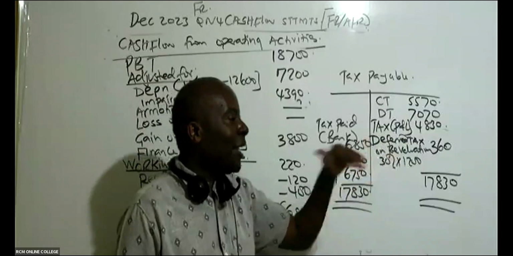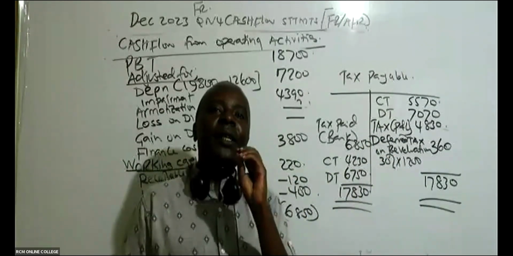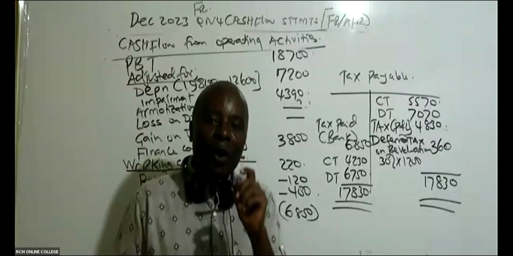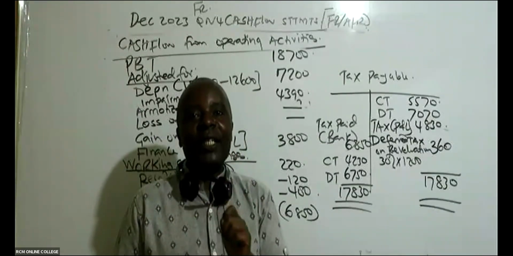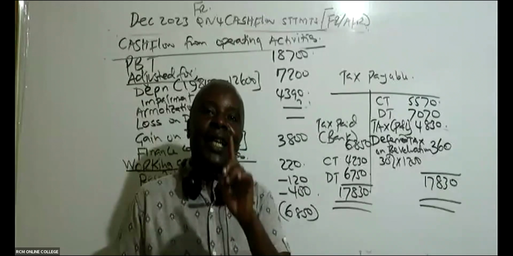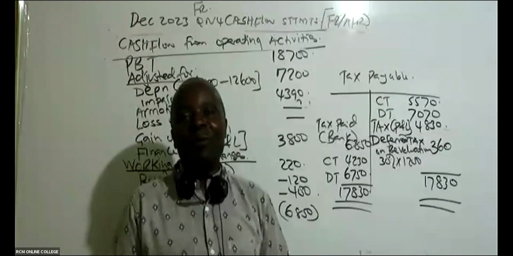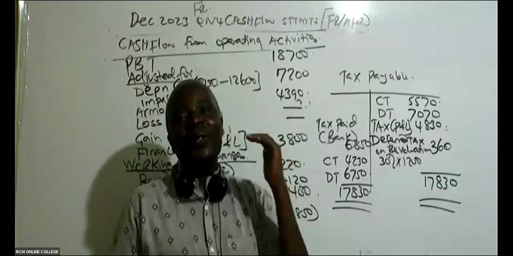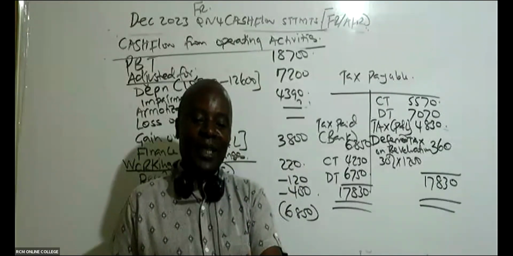Second, like 80% of the students will not remember the impact of revaluation on the deferred tax. Very few students remember IAS 12 Income Taxes. The problem with KASNEB students is that they don't invest in knowing standards.